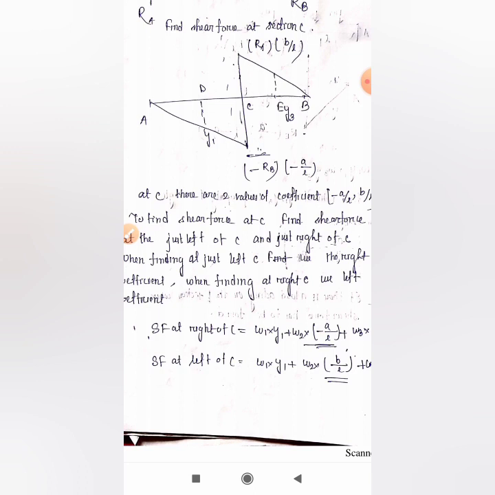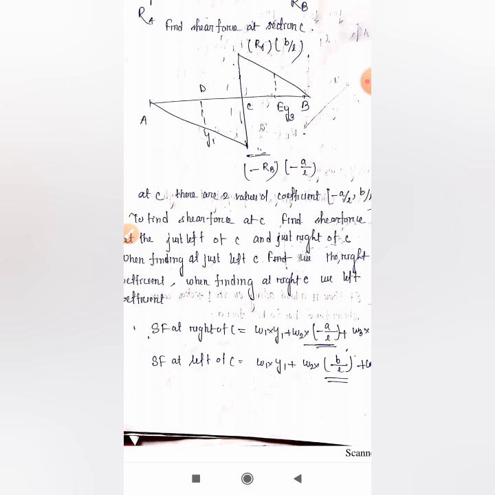That is, in section C the value comes minus RB, that is minus A by L. Actually it is minus X by L. Okay, and what is X? X is the distance of the section at which we have to find the shear force, and the distance is considered from the left support A. So when the section C comes, the value of X becomes A.